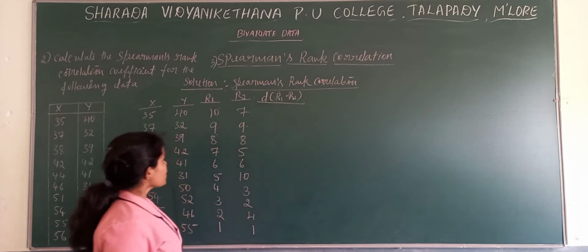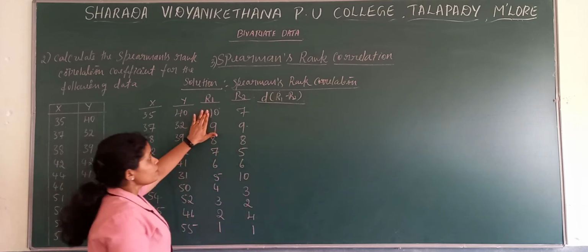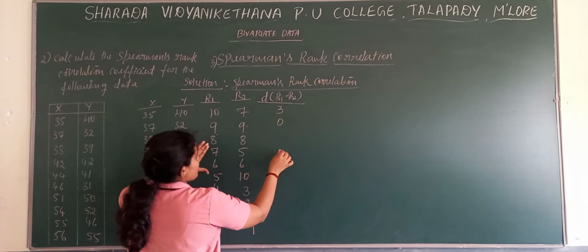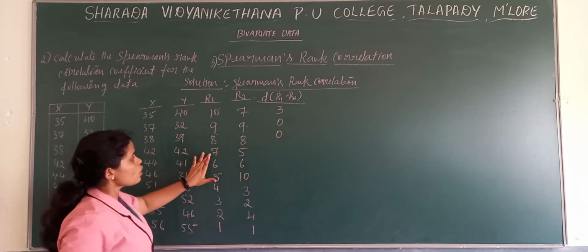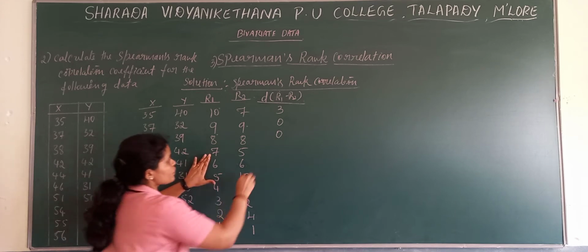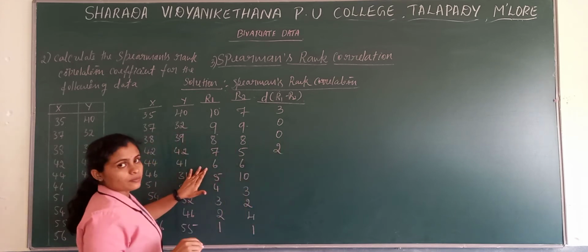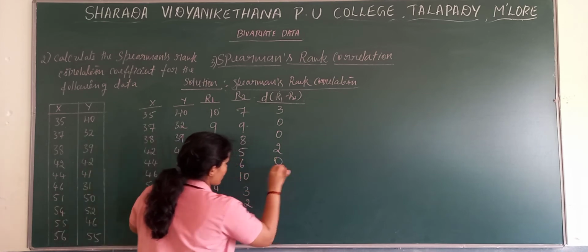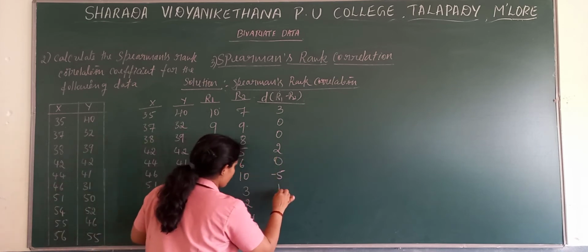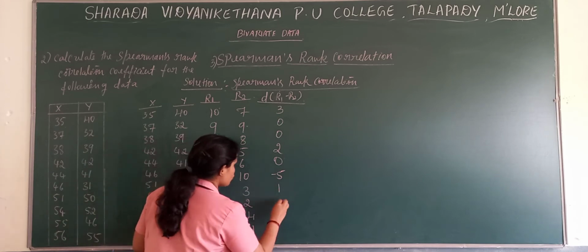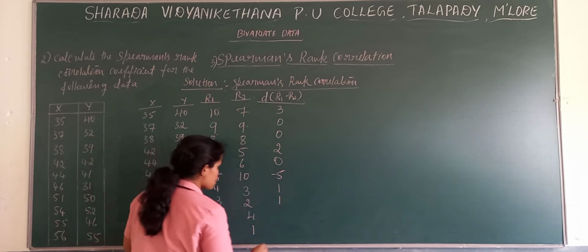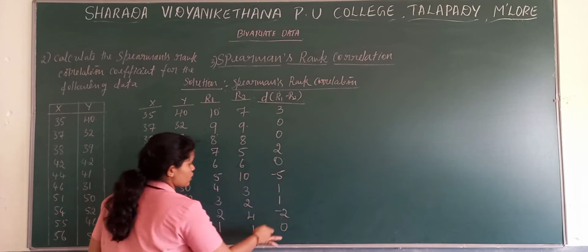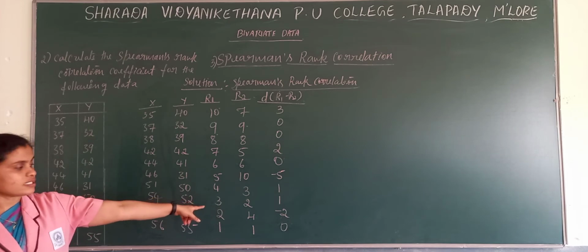The differences: 10 minus 7, 3; 9 minus 9, 0; 8 minus 8, 0; 7 minus 5, we get 2; 6 minus 6, 0; 5 minus 10, minus 5; 4 minus 3, 1; 3 minus 2, again 1; 2 minus 4, minus 2; and the last one is 0.